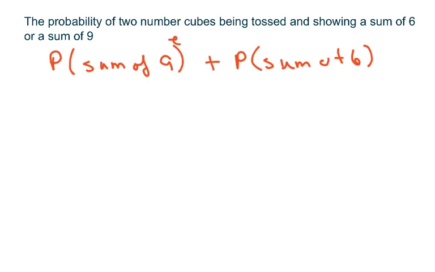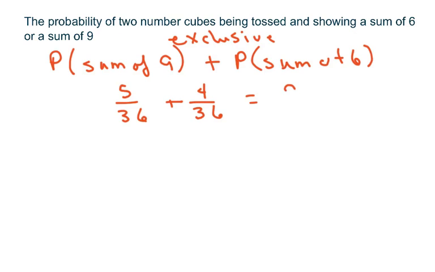Okay, this is exclusive because one doesn't depend on the other, we're not going to be counting it twice. So the probability of a sum of 9 is 4 over 36, and the probability of a sum of 6, you can write the sample space down if you want, is 5 over 36, which equals 9 over 36, which equals 1 over 4.